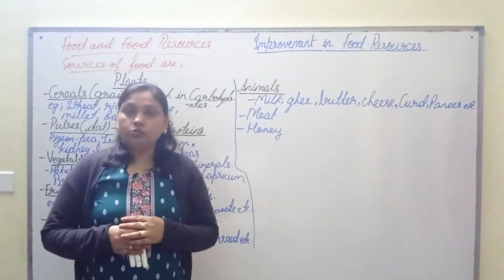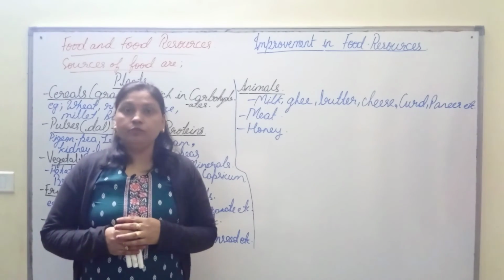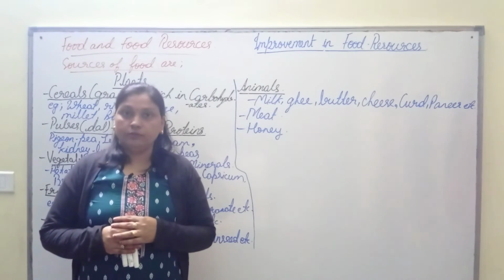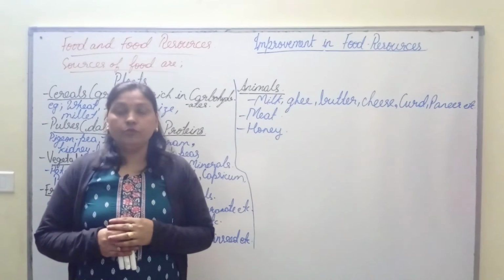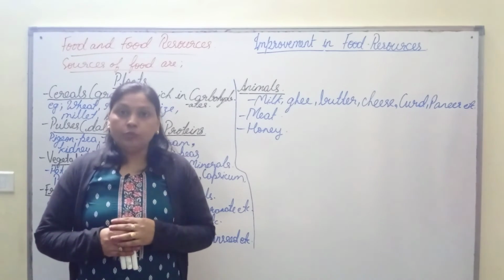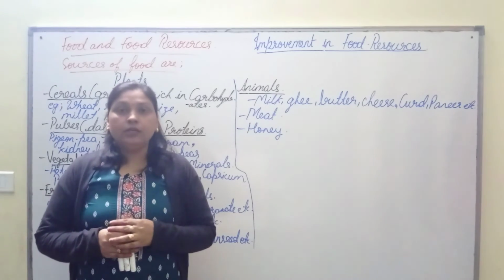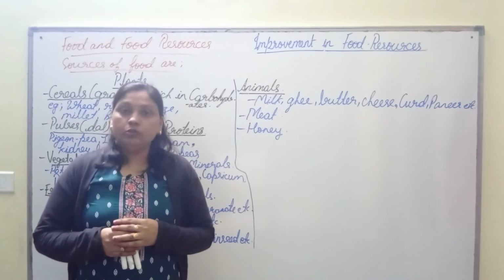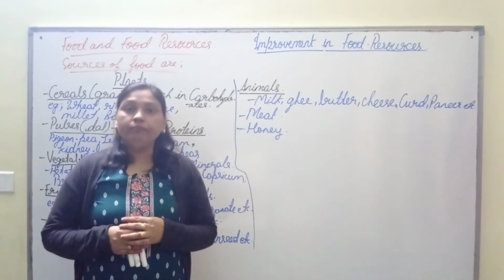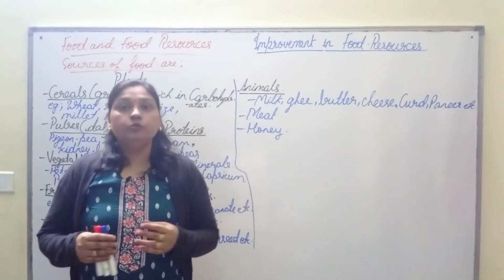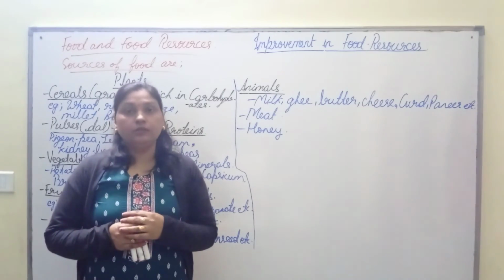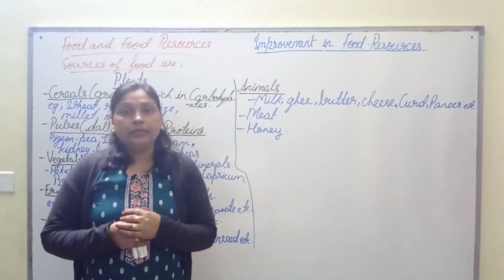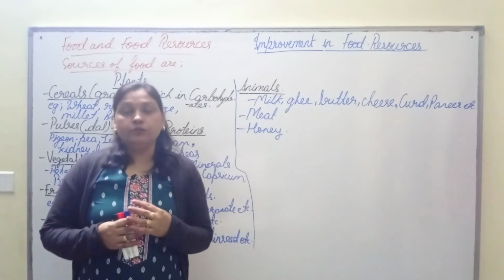To address such problems, the Green Revolution was introduced in India by M.S. Swaminathan. The father of the Green Revolution was Dr. Norman Borlaug, who was Mexican and was also awarded the Nobel Prize for the Green Revolution. But in India, it was introduced by M.S. Swaminathan. So the Green Revolution was actually the production of grains in a large amount.